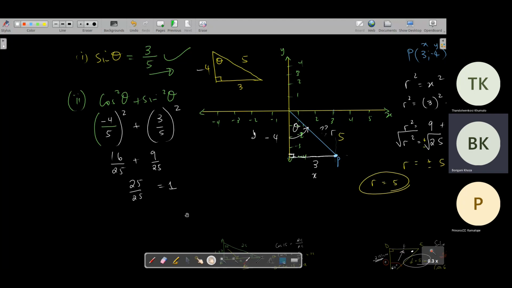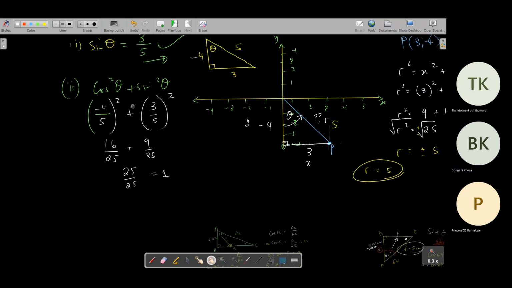Grade 11 will just give you the statement, and you are supposed to do a diagram first, draw a quadrant, fill in the values, and then continue. That's your grade 11 and grade 12. We're not going to be telling you that again.